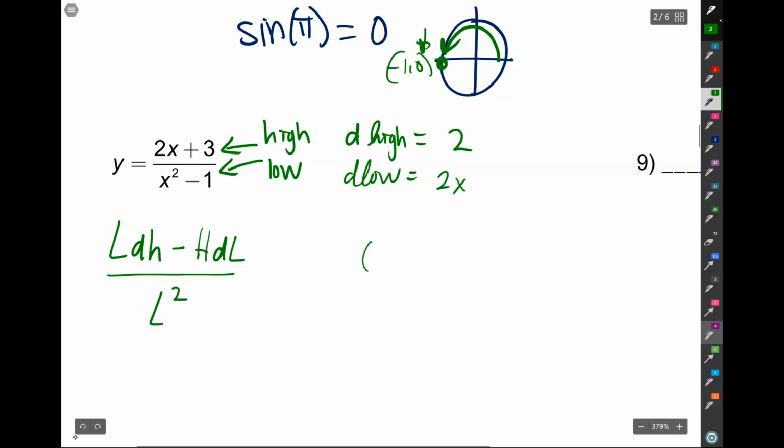All right, so ready? X squared minus 1 times d high, which is 2, subtract high, 2x plus 3 times the derivative of low, which is 2x, cross the line and square the low.